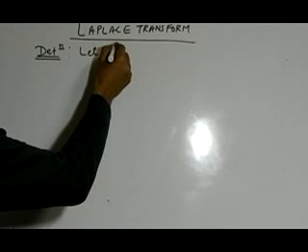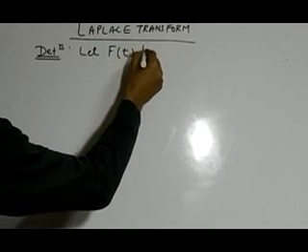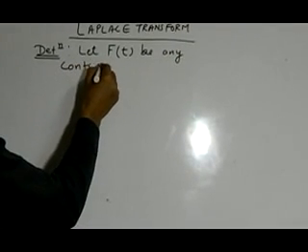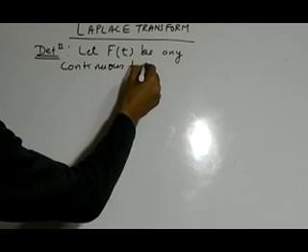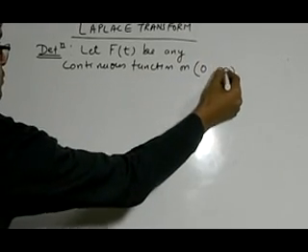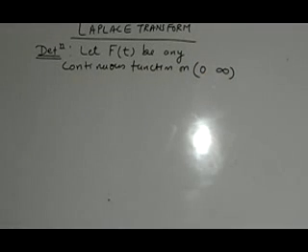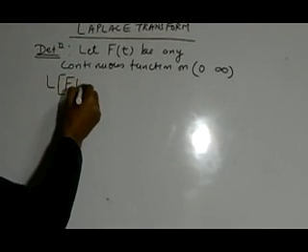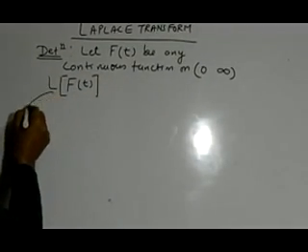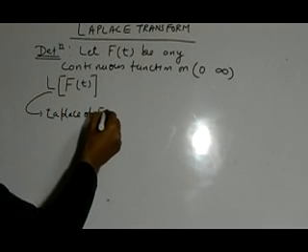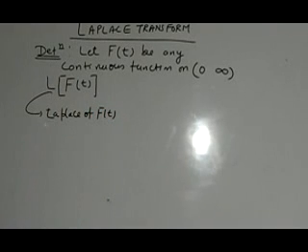Let f(t) be any continuous function on the open interval 0 to infinity. Then we use the notation for Laplace transformation as L of f(t), where f(t) is any function.